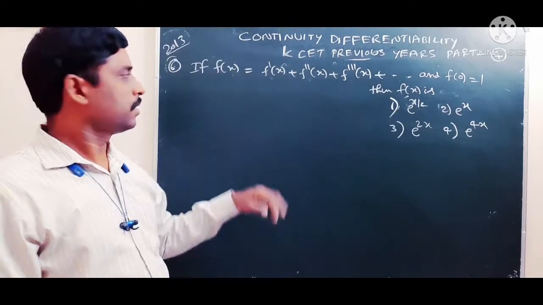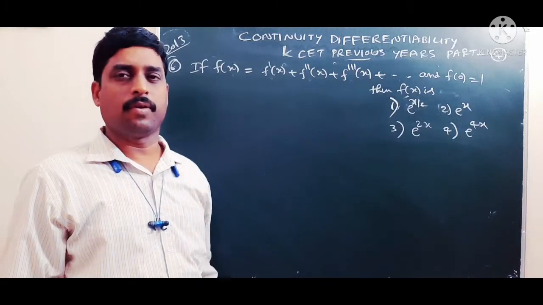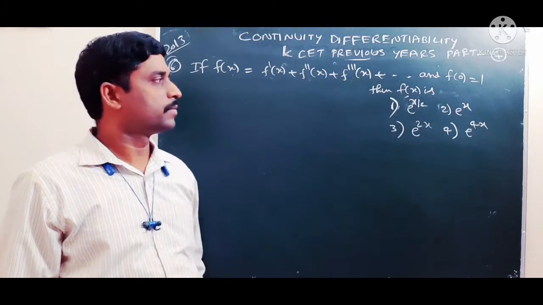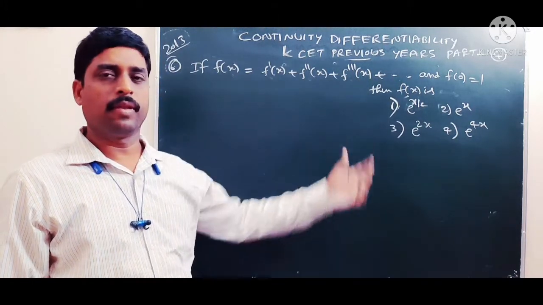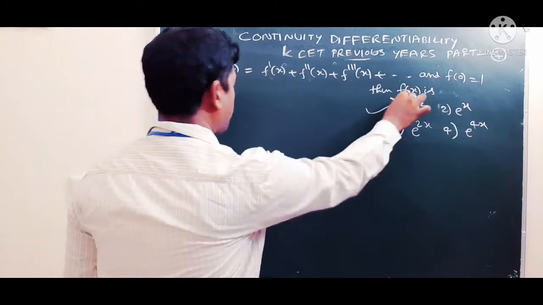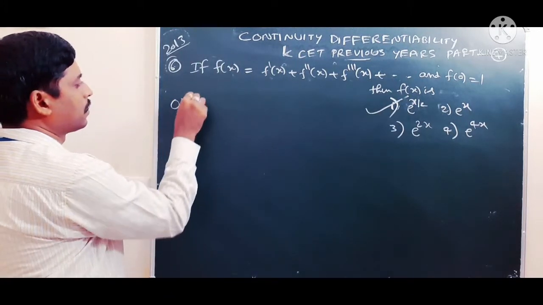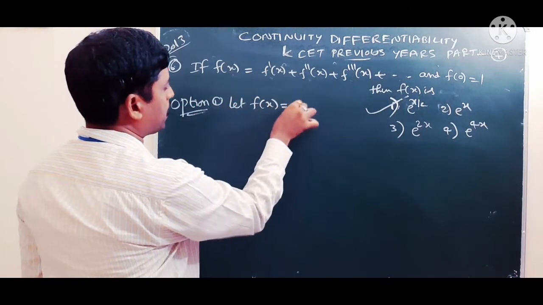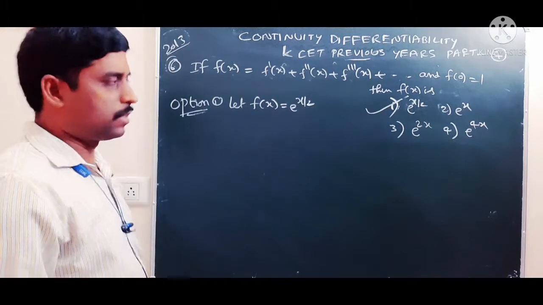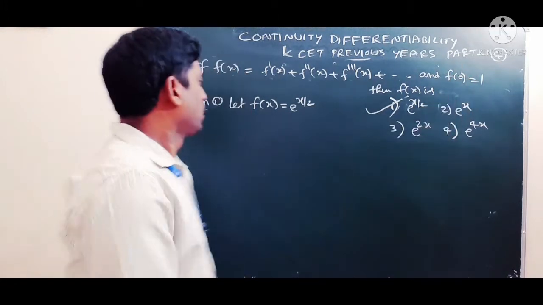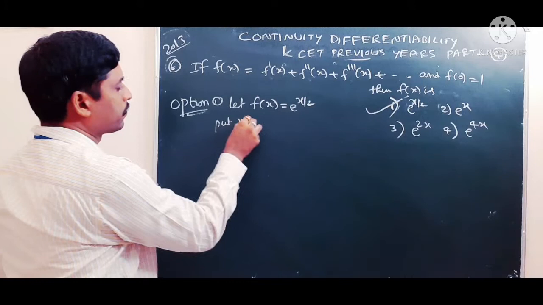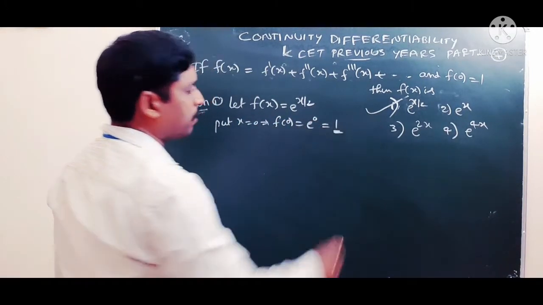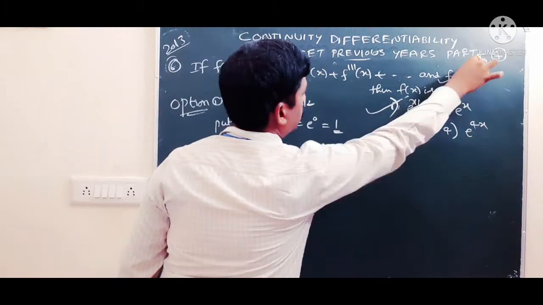This is from 2013. The f of x expression as well as the value of f of 0 are given. Then we have to find f of x. This kind of problem is solved by the verification method. So let us take the first option. Let f of x be e to the power x by 2. f of 0 is given as 1. Putting x as 0, f of 0 is e to the power 0, so f of 0 equals 1, and this condition is verified.